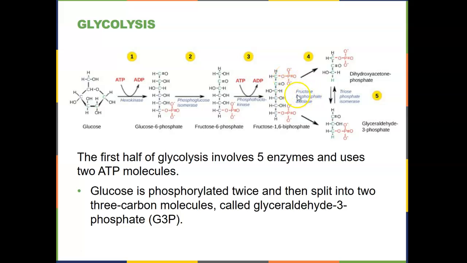And we use that to pay for the process of splitting the glucose molecule apart into two isomers, 3-carbon sugars right here, dihydroxyacetone phosphate and glyceraldehyde 3-phosphate. And then this thing gets converted into glyceraldehyde 3-phosphate by an enzyme right here. So there's a little step right here. That's the first 5 steps. There's an enzyme that catalyzes every dang one of these reactions.